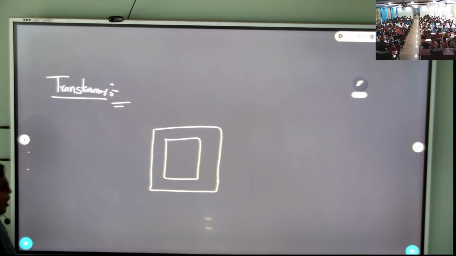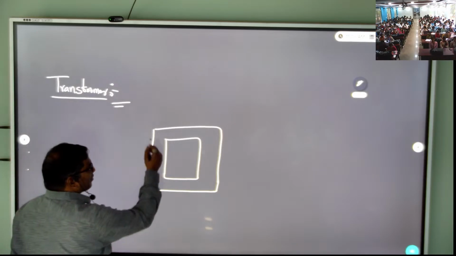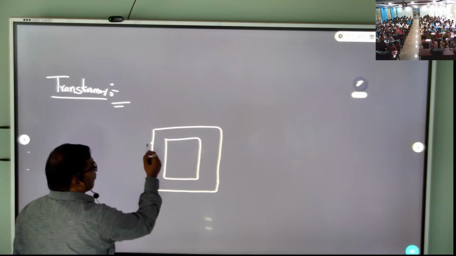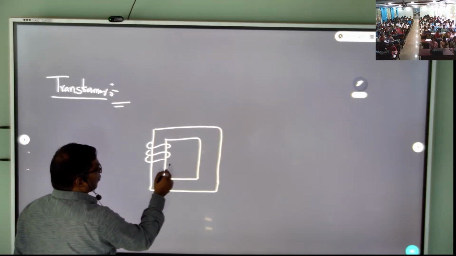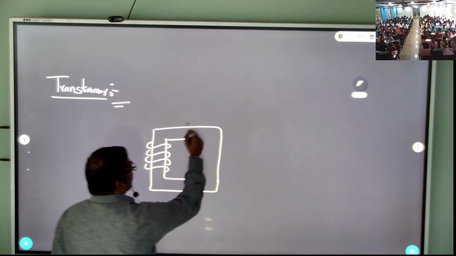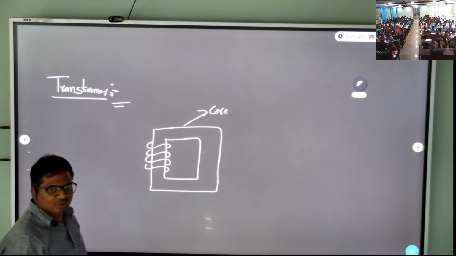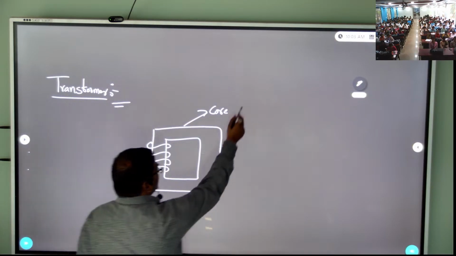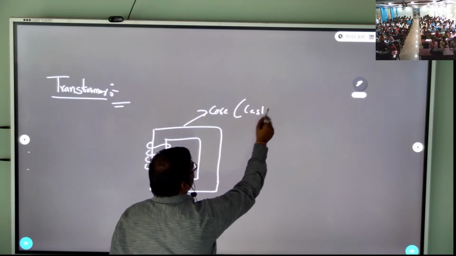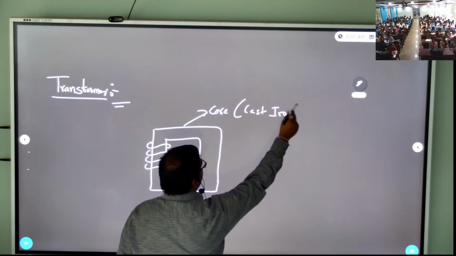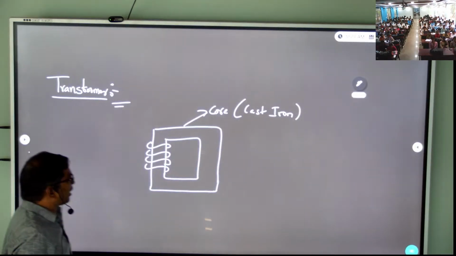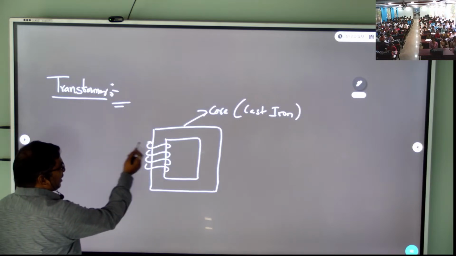Now for this iron piece, I am winding the winding around it. So it is called core. The core is made up of cast iron. Okay, right. So I am winding the winding here.